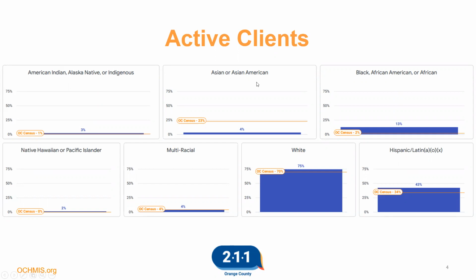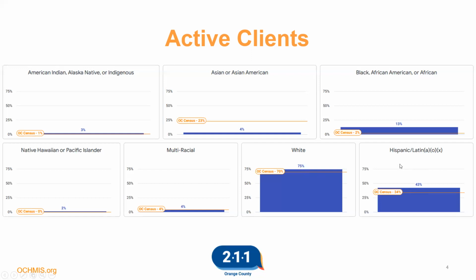So Asian clients are underrepresented in the homeless population compared to the Orange County population. Black, African American, or African clients are overrepresented. White clients are a little bit overrepresented, as well as Hispanic clients.